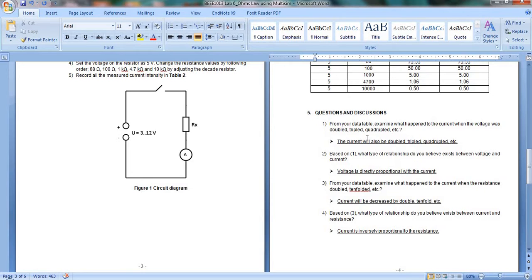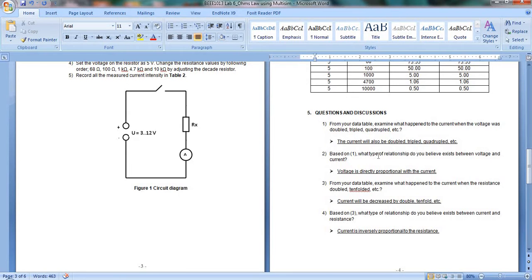Next, for the questions and discussions. First question is what happened to the current when the voltage was doubled, tripled and quadrupled. The answer is the current will also be doubled, tripled and quadrupled.